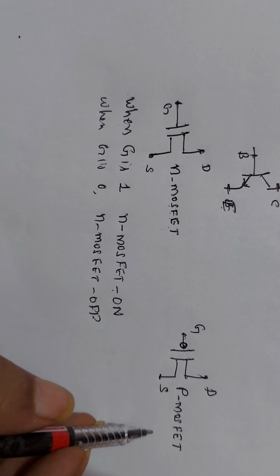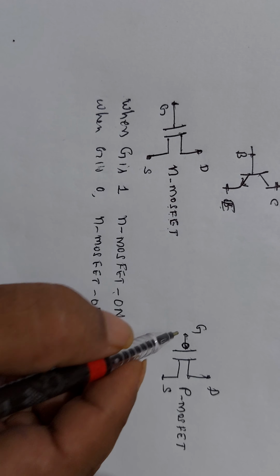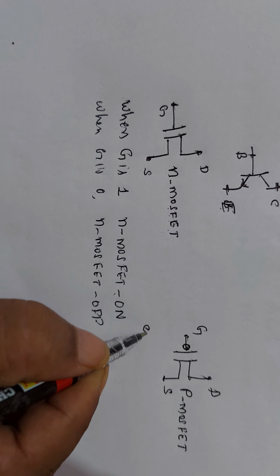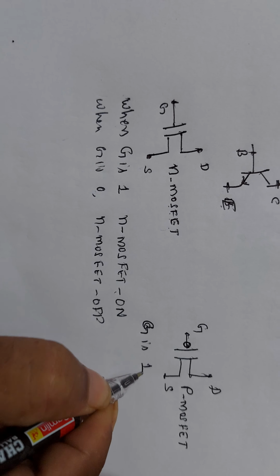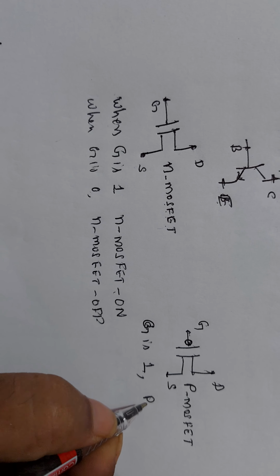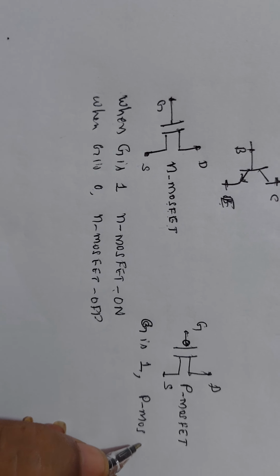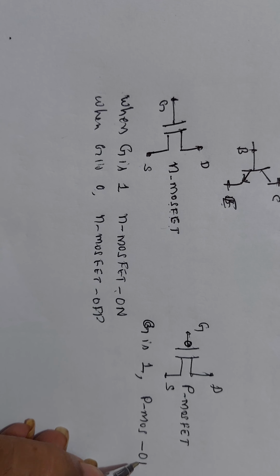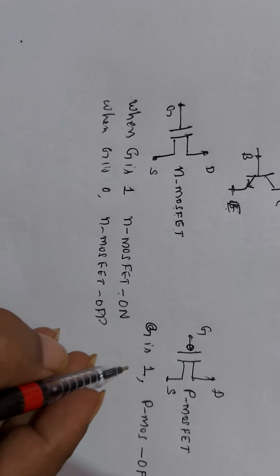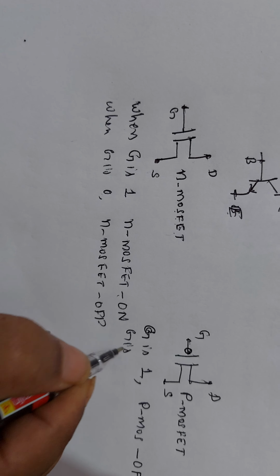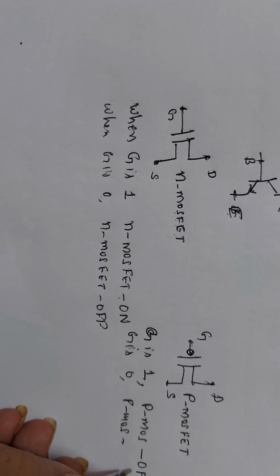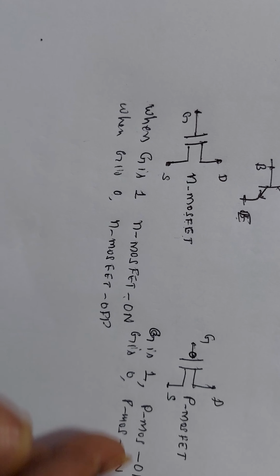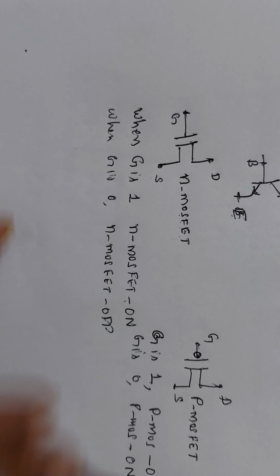So in P-channel MOSFET, when G is positive, when gate G is logic 1, this P-channel MOSFET goes to off. When G is negative, that is logic 0, P MOSFET goes to on. It is exactly reverse process compared to N-channel.